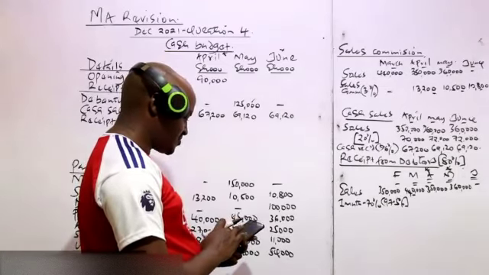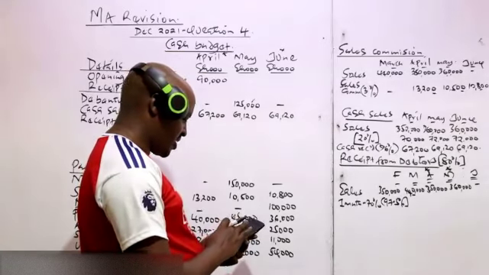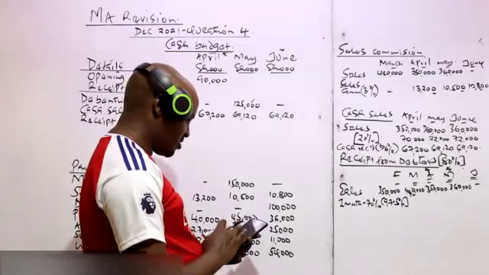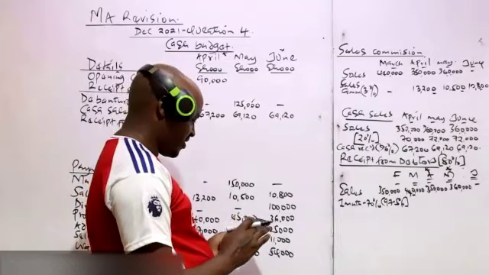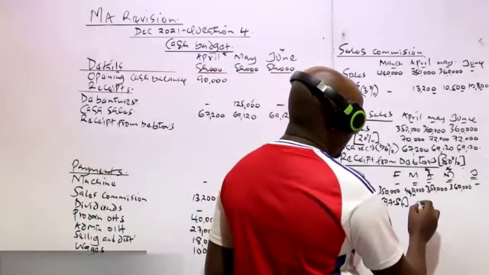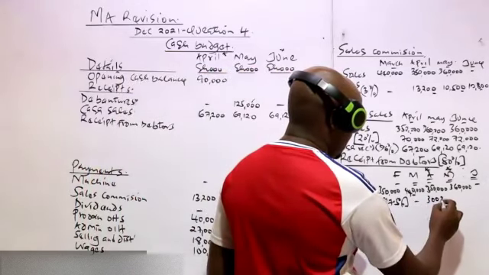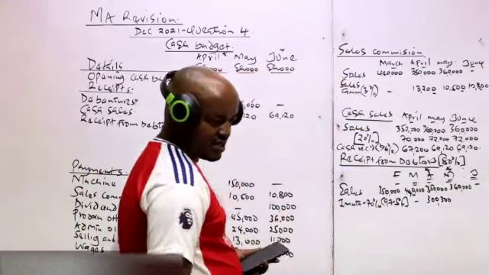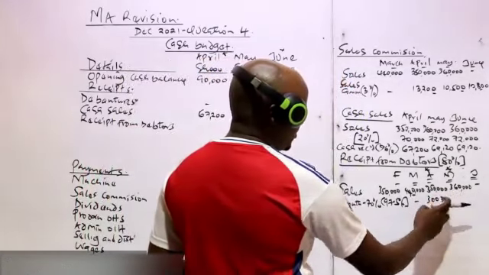So 440 times 70% times the discount, or we multiply that with 97.5. So the amount to be received here will be 300.